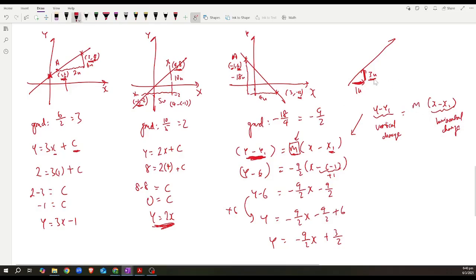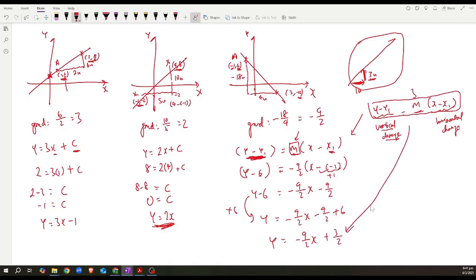So if we look at this example, the gradient is 3. You can see that the vertical change in this line is always 3 times the horizontal change of this line. So that's why we can use this equation, and then from here you expand, make y the subject, and then it'll give you the equation of the line as well. So this is another way to find the equation of a line given 2 points.